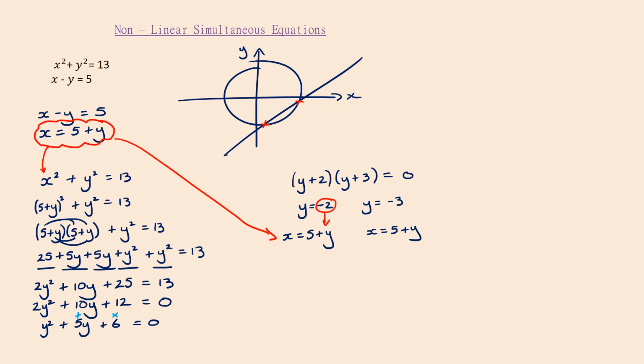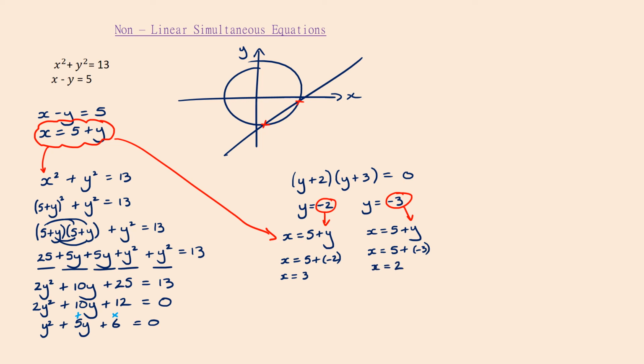And when y takes a value of -3, let's sub it in there and see what we get. So x equals 5 plus -2, which is 3, and the other version is when x equals 5 plus -3, which gives an answer of 2.